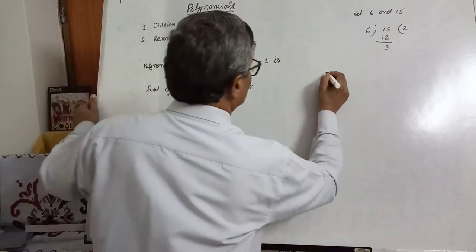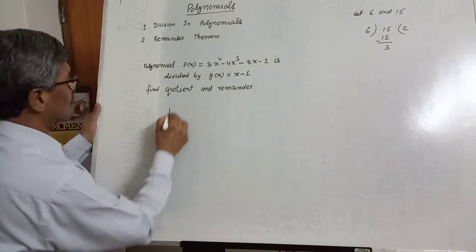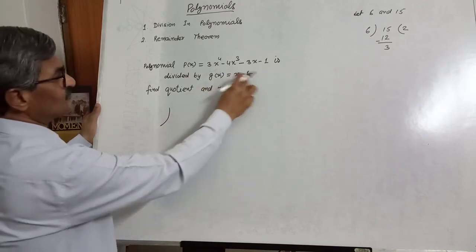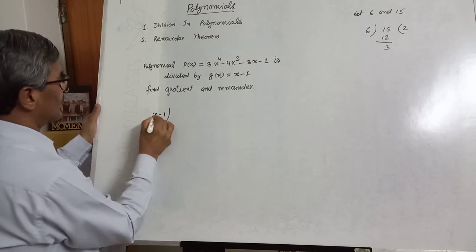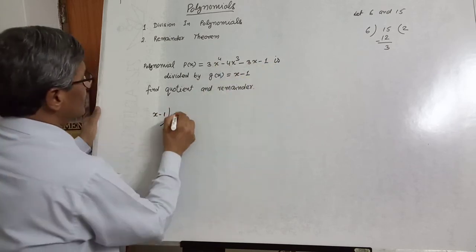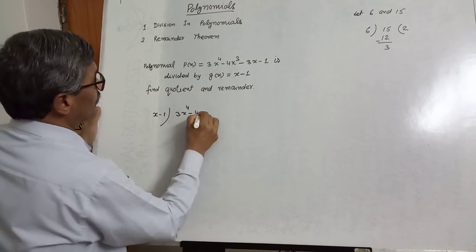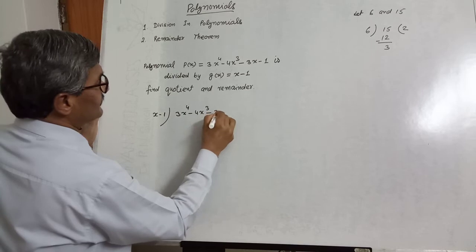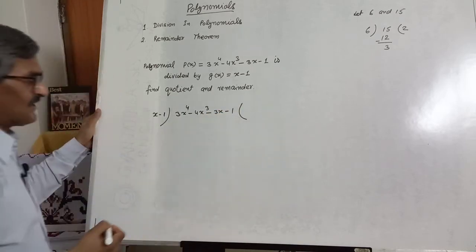Here we will do division. g(x), x minus 1, will be written here as divisor, and this is dividend, 3x^4 minus 4x^3 minus 3x minus 1. Now divide it.